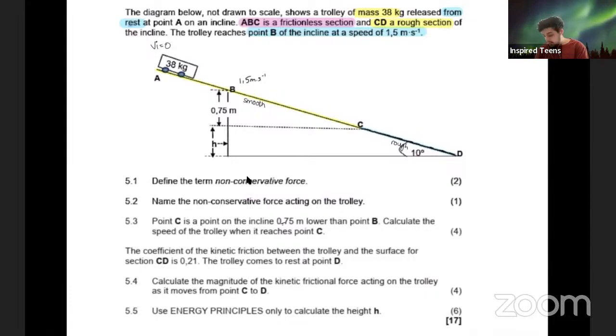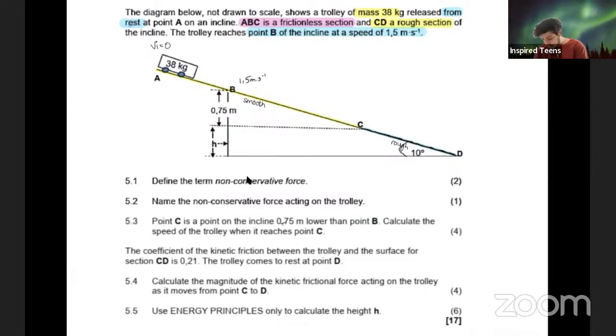Okay, examination guidelines. Work, power, energy. Conservative force, what do they want?